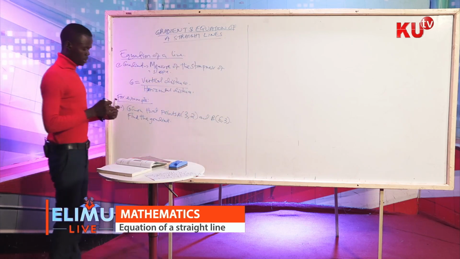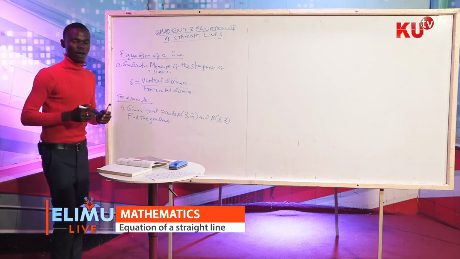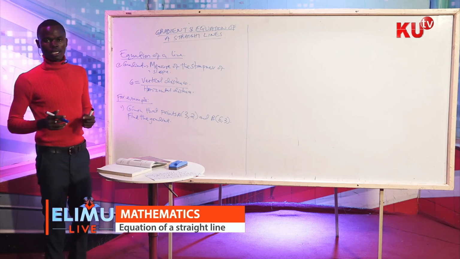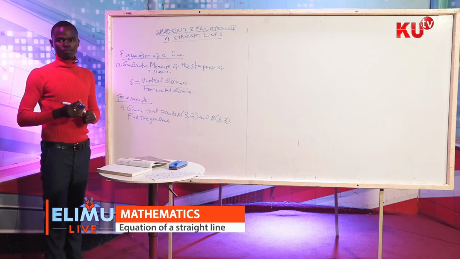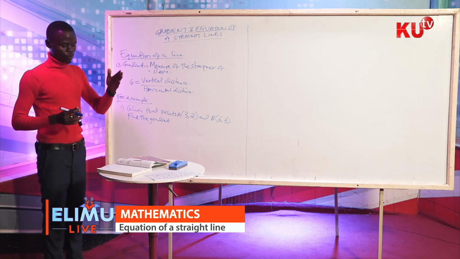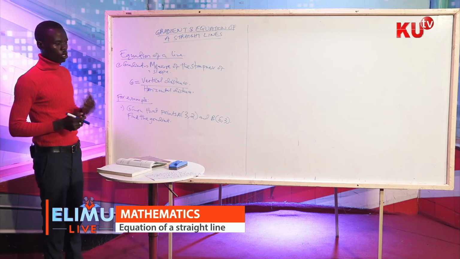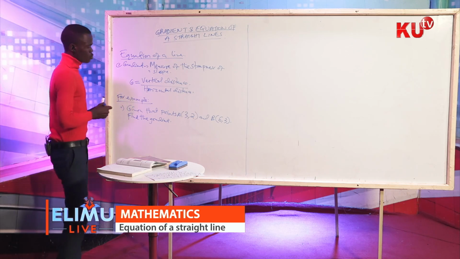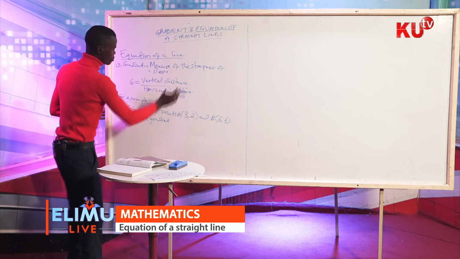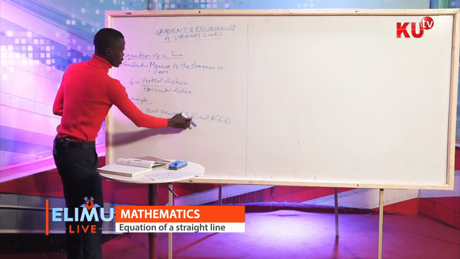The first thing is we have to identify the X and the Y axis. Just like we've been told, the vertical distance over the horizontal distance. We come to our first point, A (3, 2).